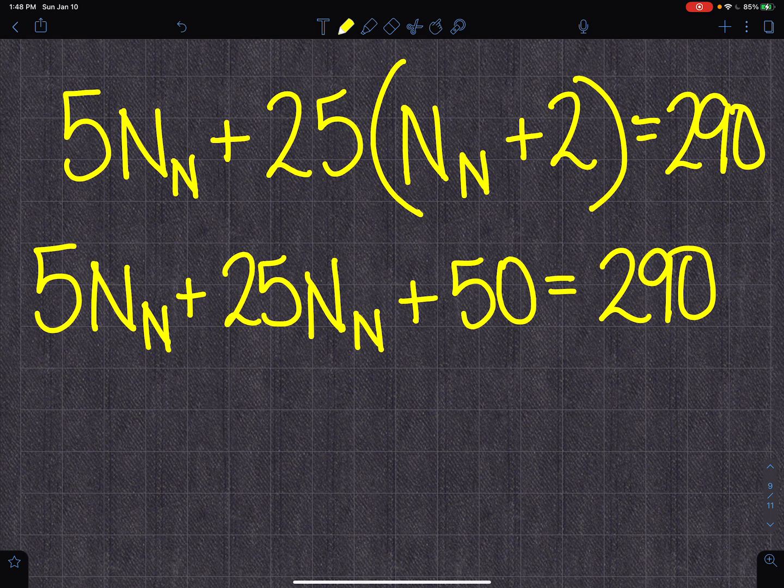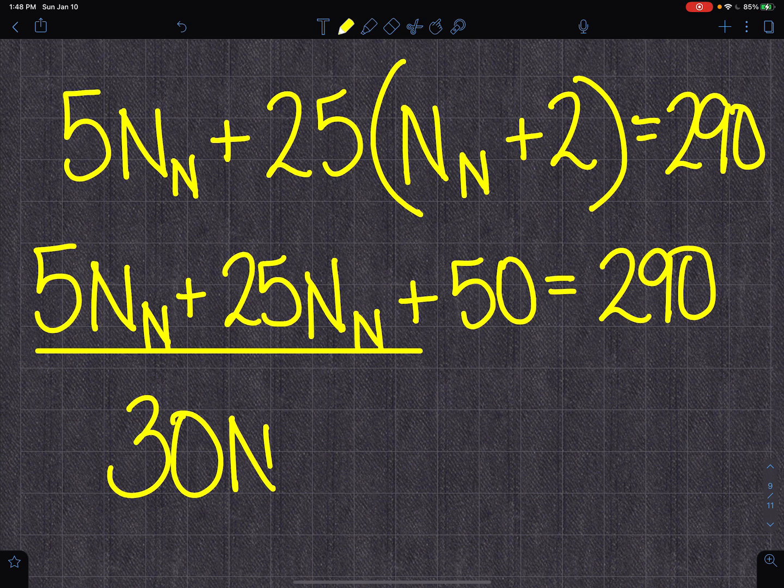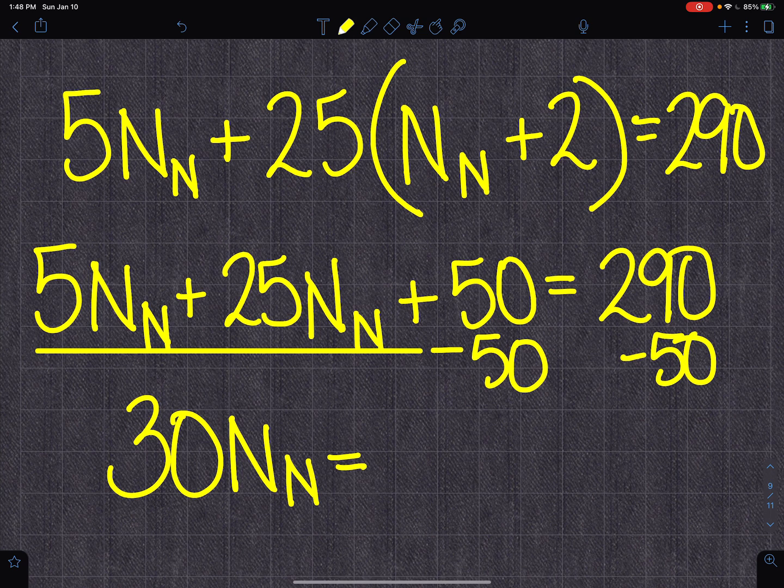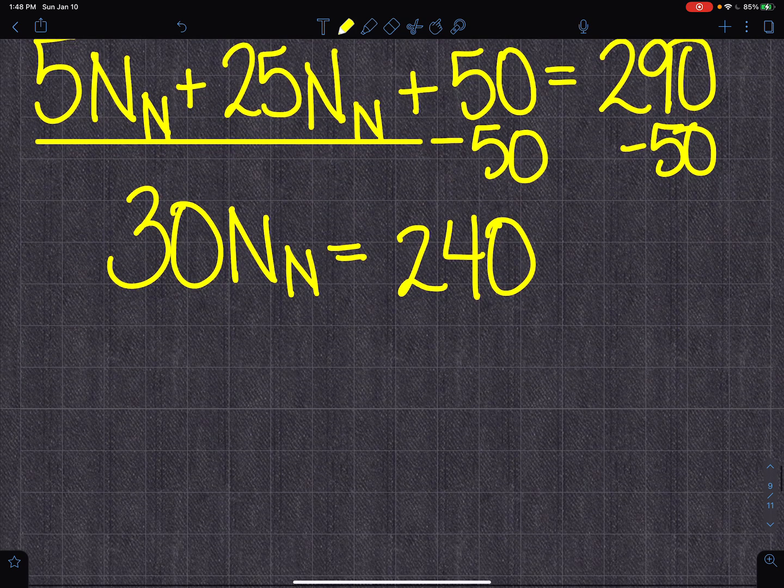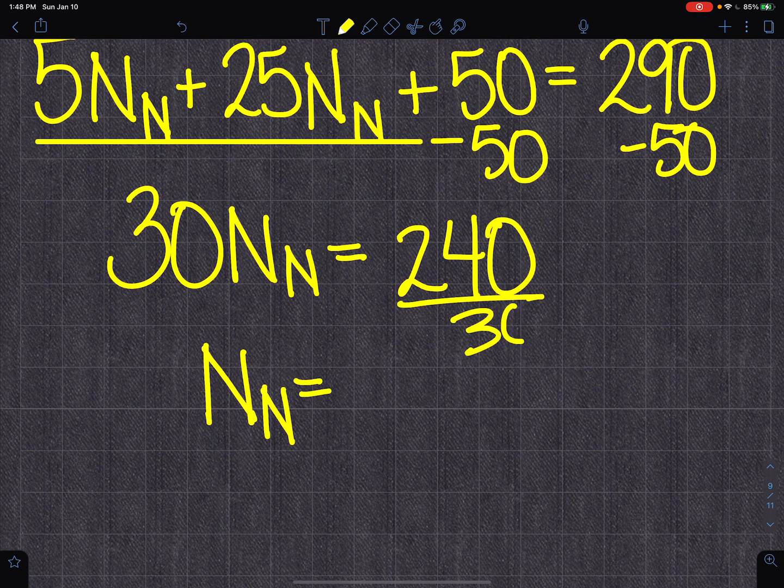Okay, so 5nn plus 25nn, I can add those together and get 30nn. Then I'm going to subtract 50 from both sides, equals 240. nn equals 240 divided by 30, because that cancels out.